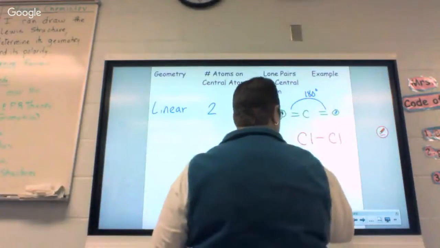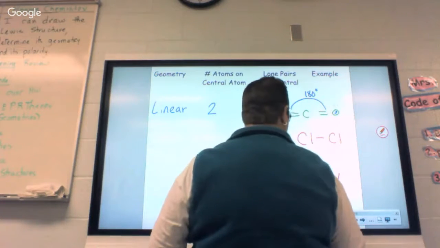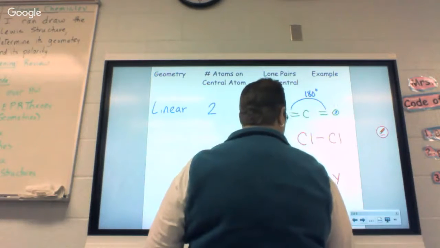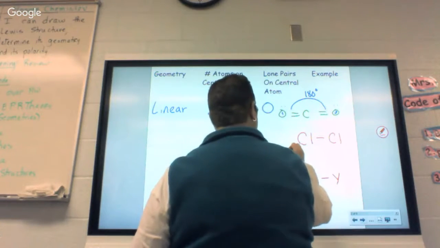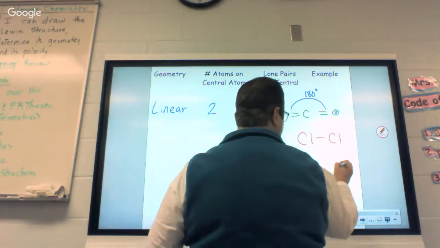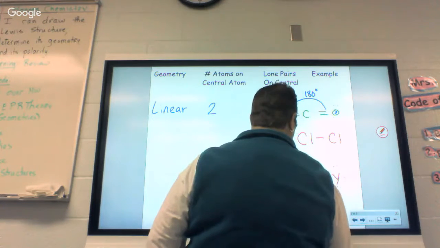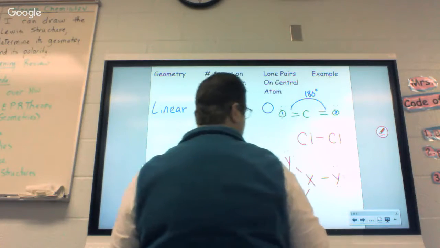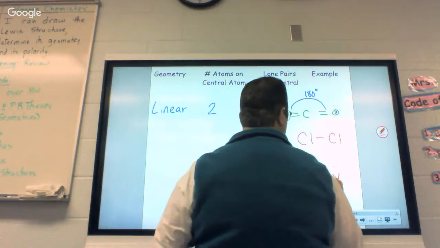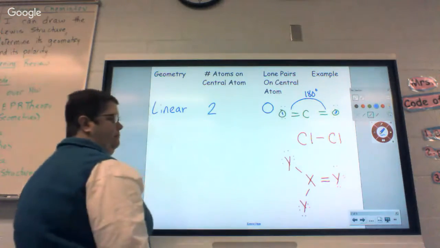All right. Now, if you have something like this one, how many do we have on the central atom?